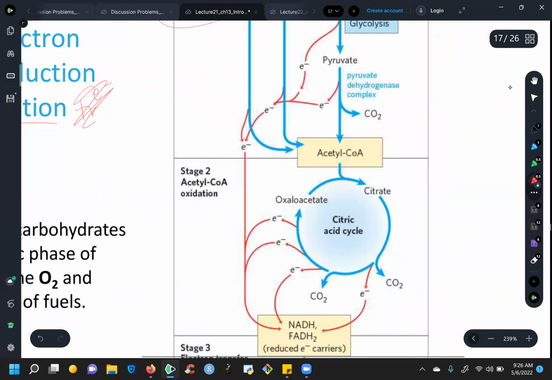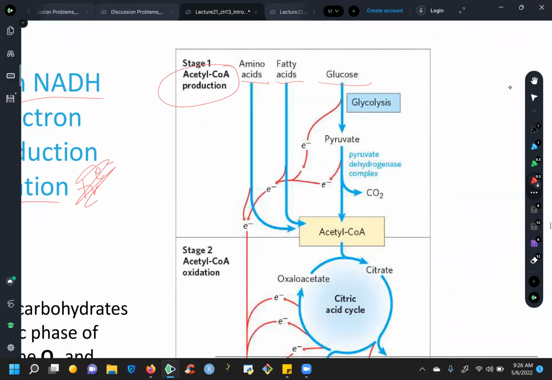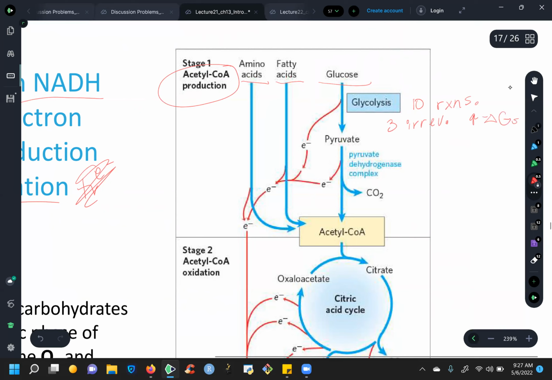So, okay, glycolysis is 10 reactions. Okay, 3 of them were irreversible because they have high negative delta G's.